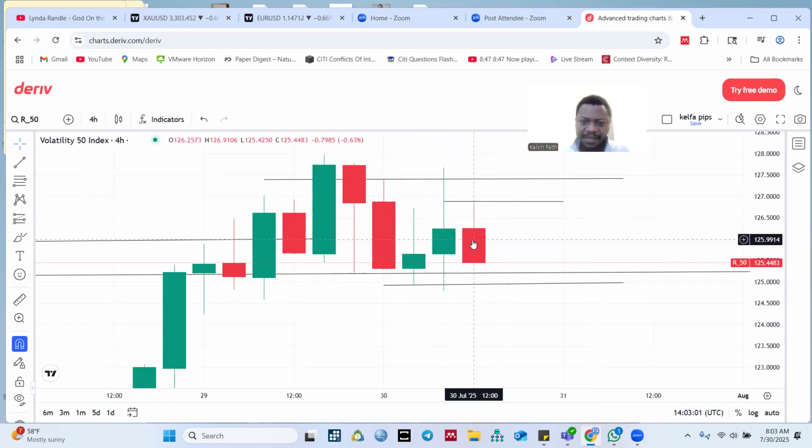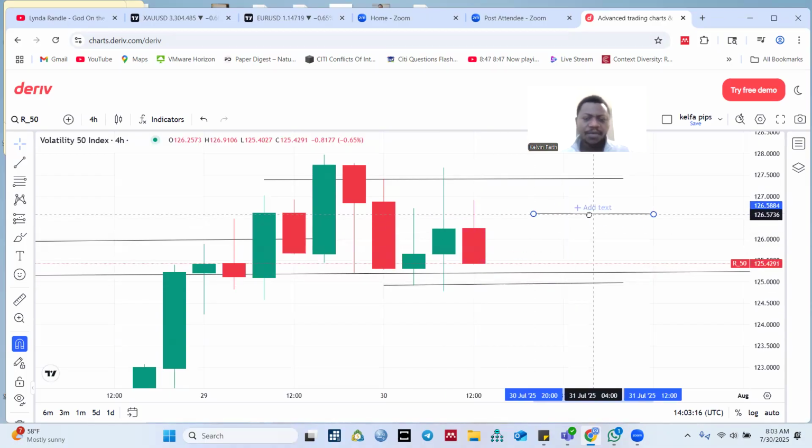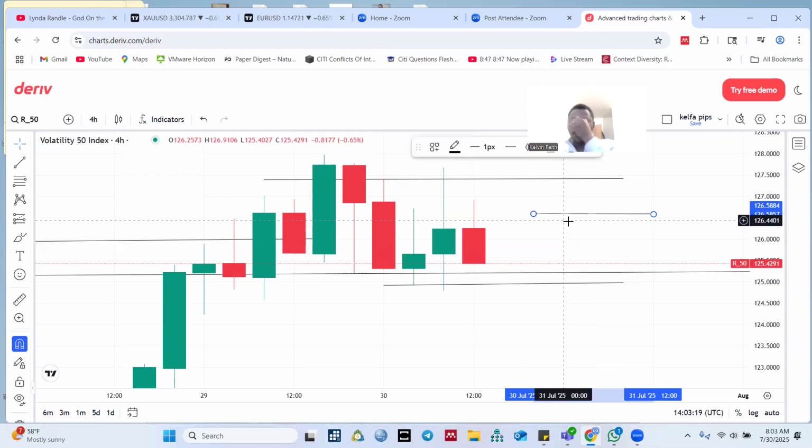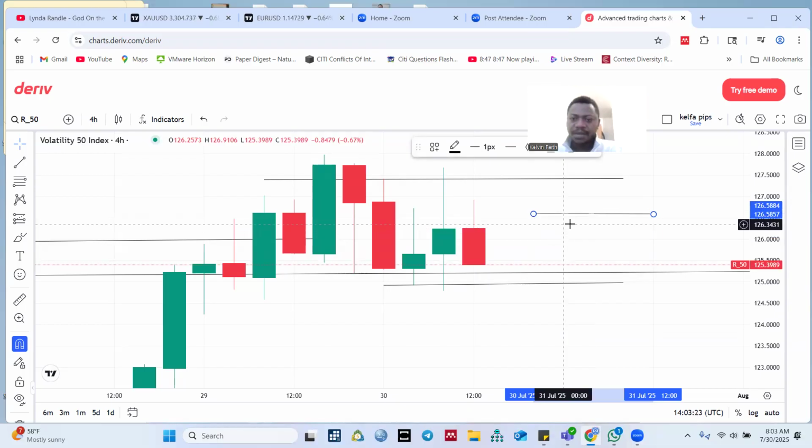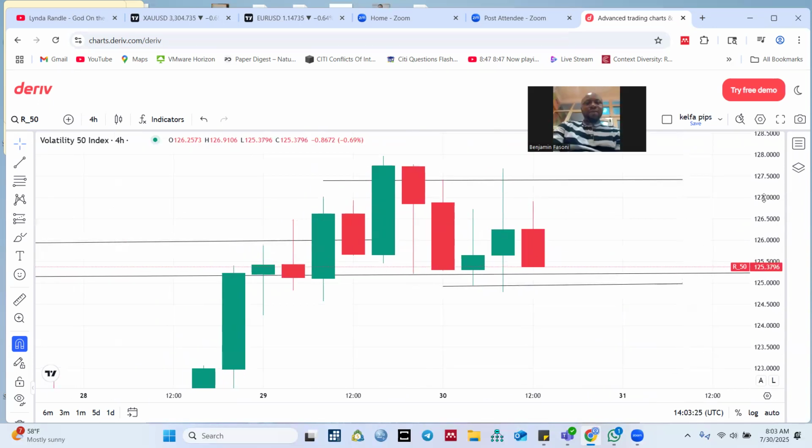So once this 4 hour candle closes below this mid candle here, or engulfs it, and closes somewhere here or here, we are good to go. We can make some good money on this pair today. So it's forming.